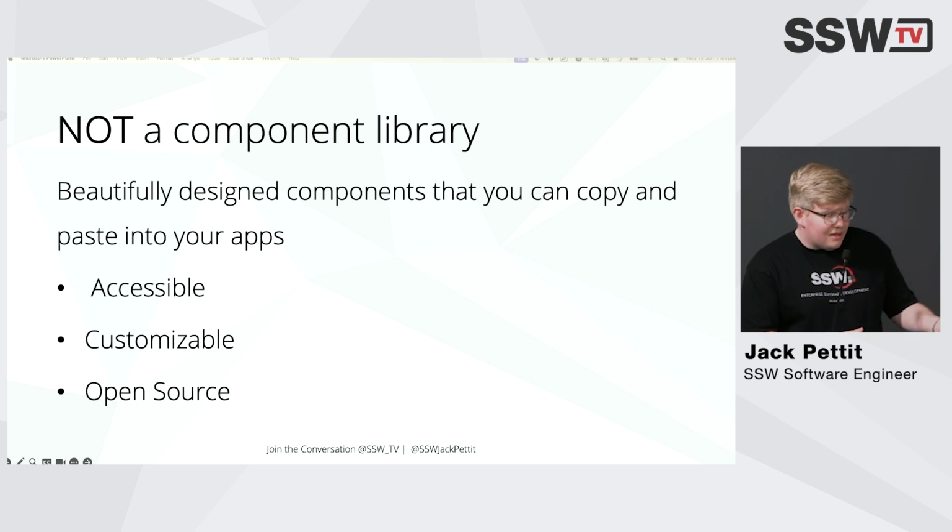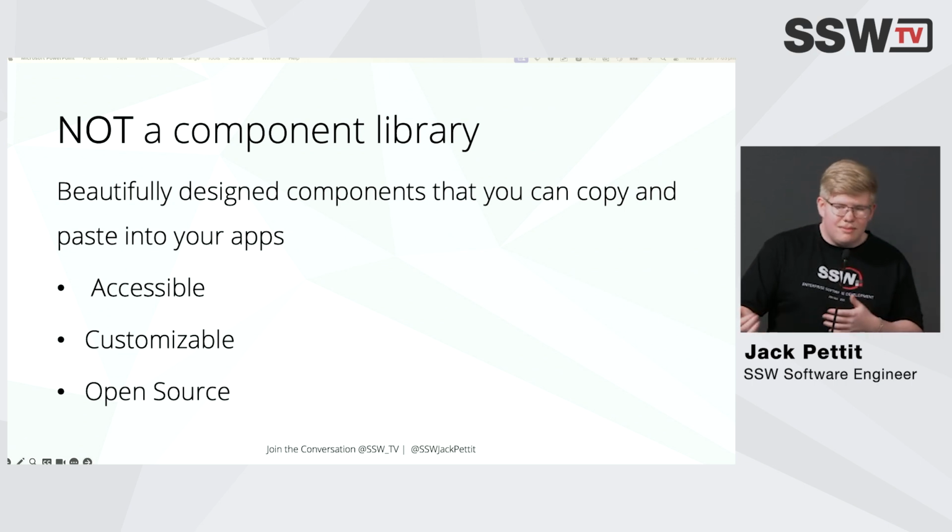For Shadcn, it has a CLI tool, essentially like installing a package, but it copies and pastes the code into your project. And these components are very aesthetically pleasing, but they're accessible and responsive and open source.